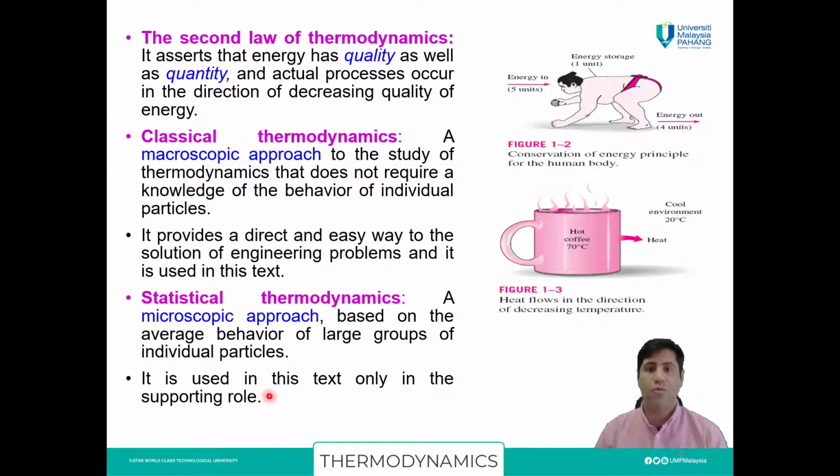It is only used to support our findings from classical thermodynamics. Any place we need to prove something which we get from the classical thermodynamics approach, we will refer to the microscopic approach. But initially, we just use the macroscopic approach to find the answer for that problem.